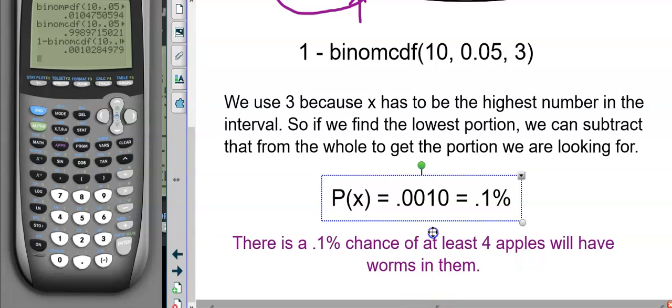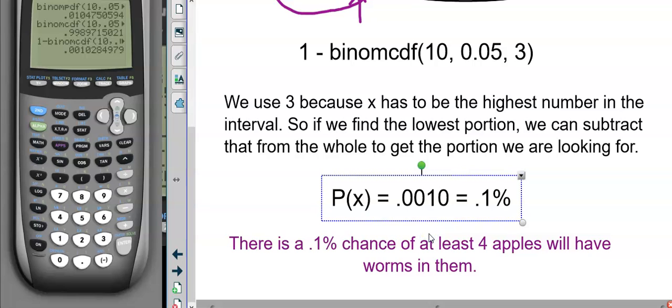There's a 0.1% chance of at least 4 apples having worms in them. The only difference between what we just did and before is that we have to use the lower part of it: we do 1 minus this.